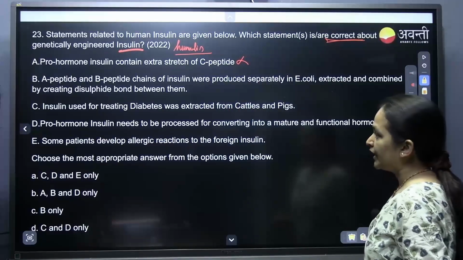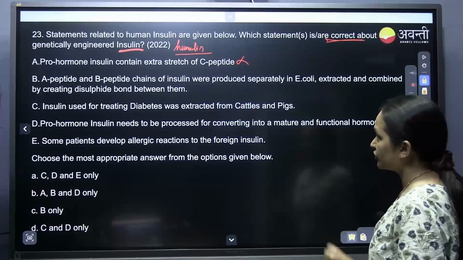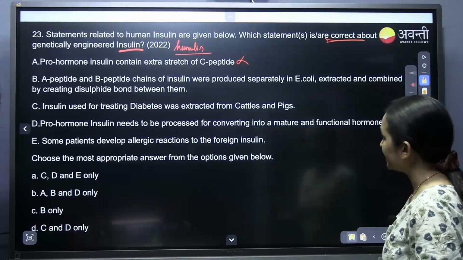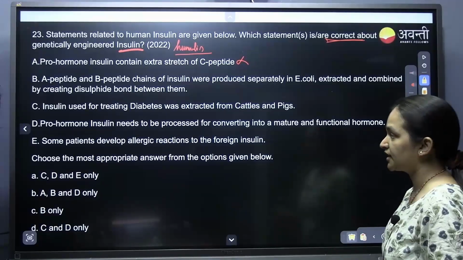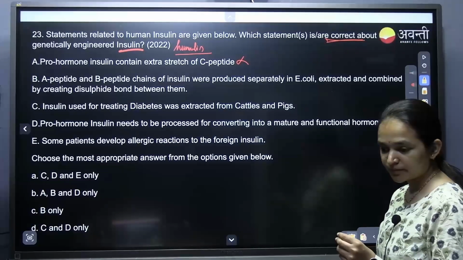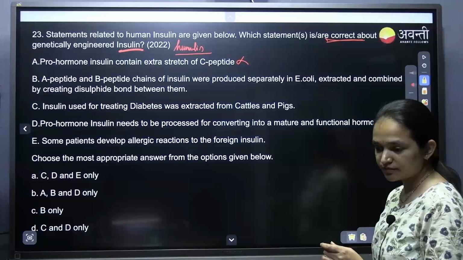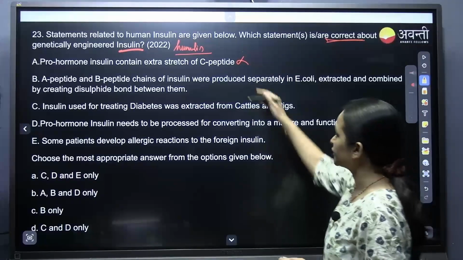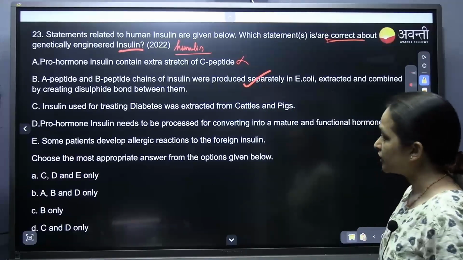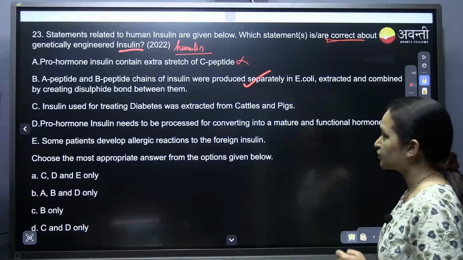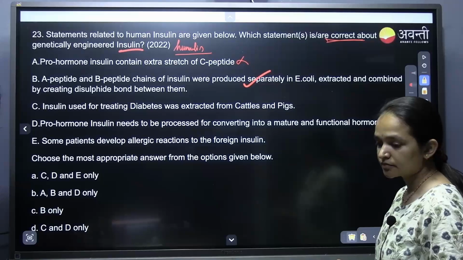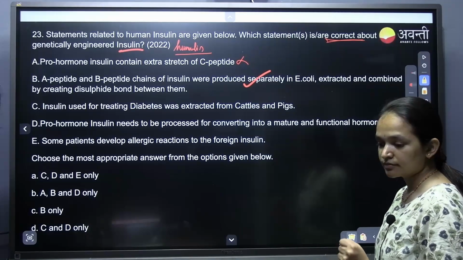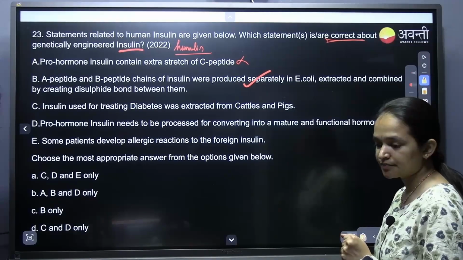A peptide and B peptide chains of insulin were produced separately in E. coli, extracted and combined by creating disulfide bonds between them. Correct? Yes, this is correct. Insulin used for treating diabetes was extracted from cattle and pigs.